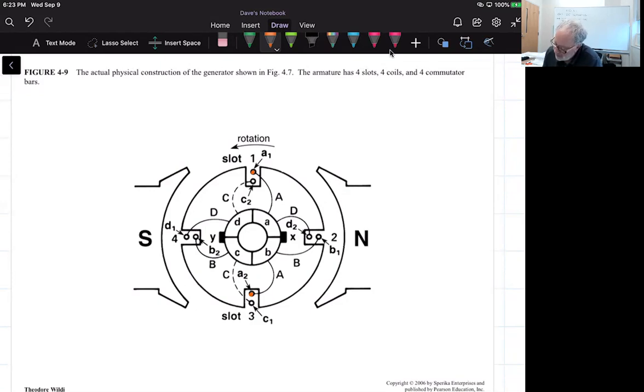Here's another one. Here's coil B, and here's one side of it, and over here is the other side. Now, something that we call a lap winding simply means that one side of the coil is on top and the other side is on the bottom, and it's lap wound, and that's why they call it that.